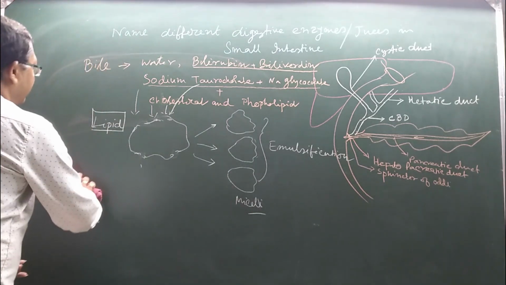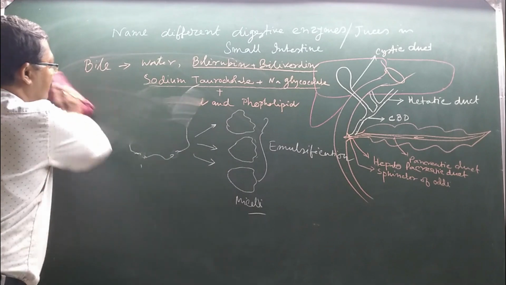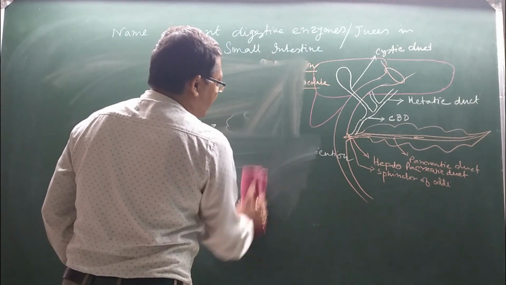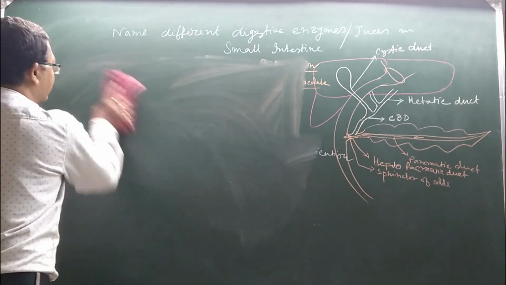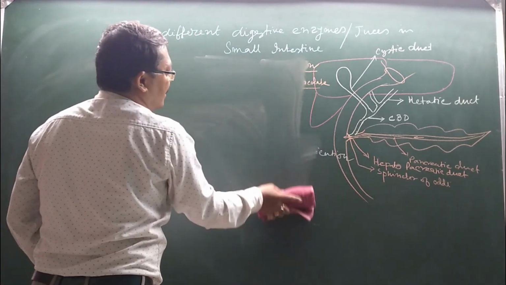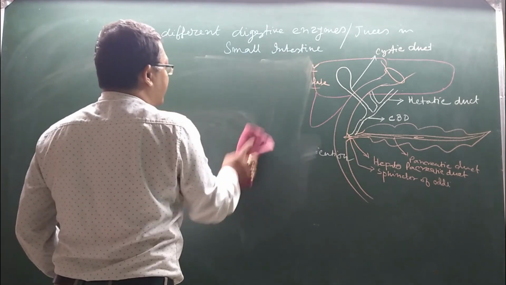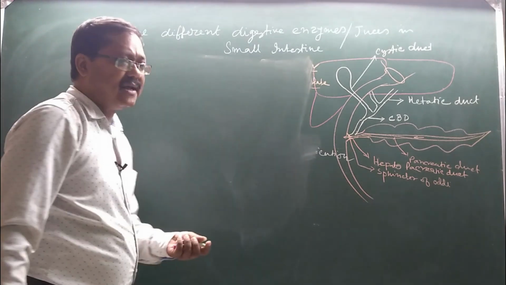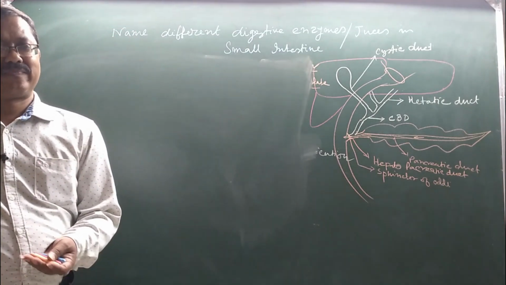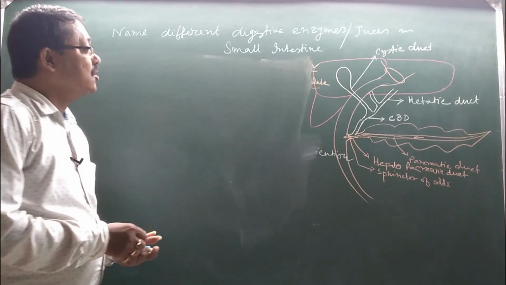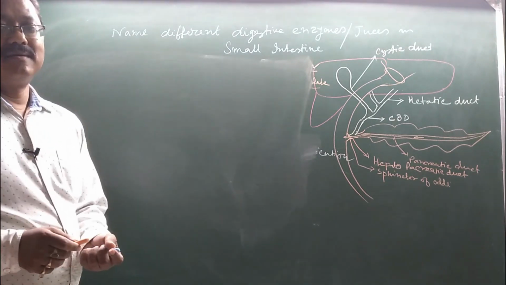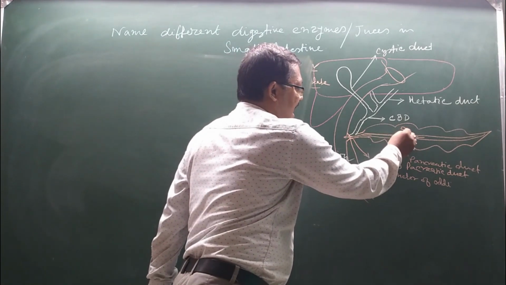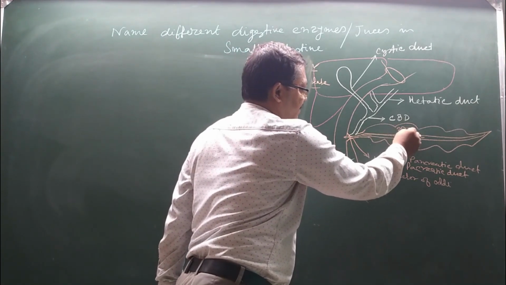Then the pancreatic juice. What is the composition of the pancreatic juice? Pancreatic juice is also an enzyme containing juice. Several enzymes are secreted through this pancreatic juice. In the pancreas, several acini are present.